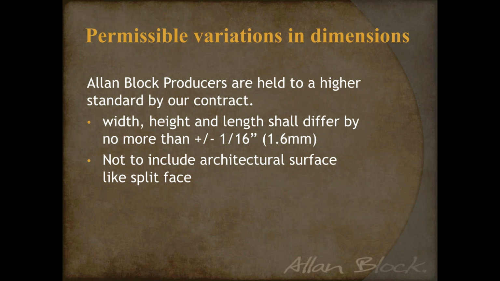And again, we're not going to worry about the architectural split face, but with the computers, the machines, and the technology we have in producing our blocks, we feel that you can dial in that height a lot better than 1/8 of an inch. So we asked our producers to make a tighter tolerance block.